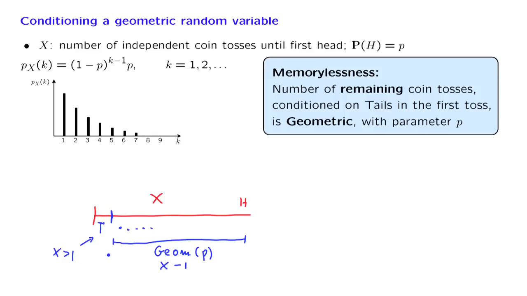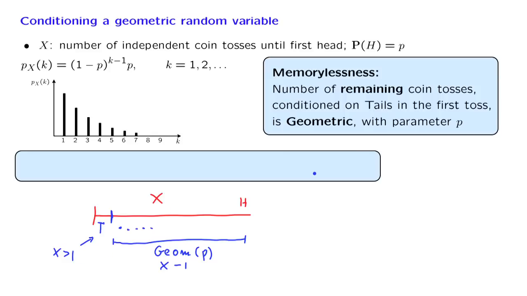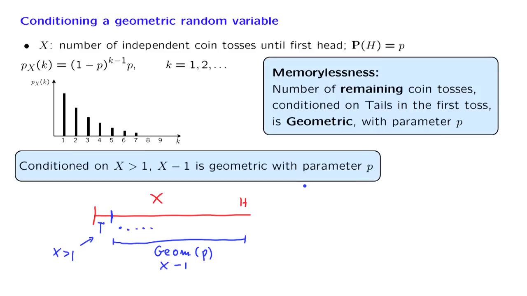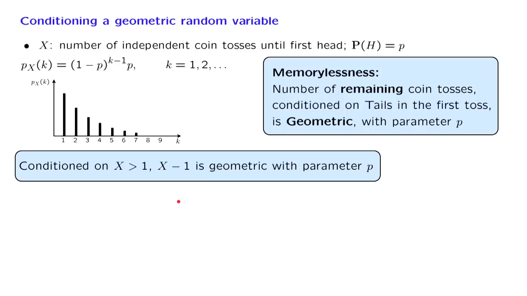So the statement that we have been making is the following, in more mathematical language: conditioned on X being larger than 1, the random variable X minus 1, which is the remaining number of coin tosses, has a geometric distribution with parameter p. Let us now give a more precise mathematical argument, but first for a special case.